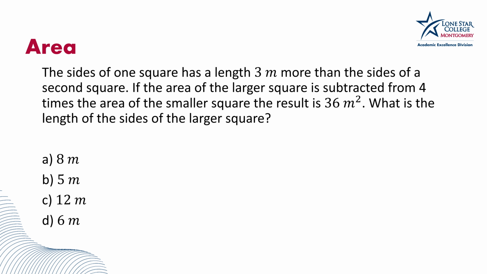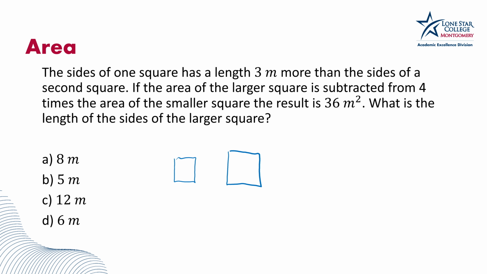The sides of one square have a length 3 meters more than the sides of a second square. If the area of the larger square is subtracted from 4 times the area of the smaller square, the result is 36 meters squared. What is the length of the sides of the larger square? First, we need to draw a picture. We have a smaller square and a bigger square.